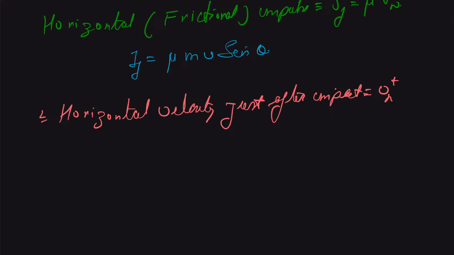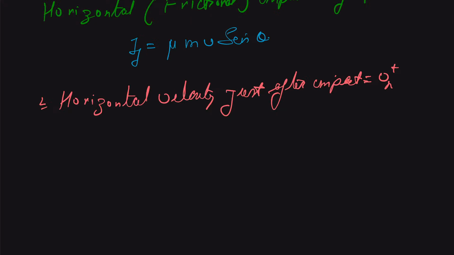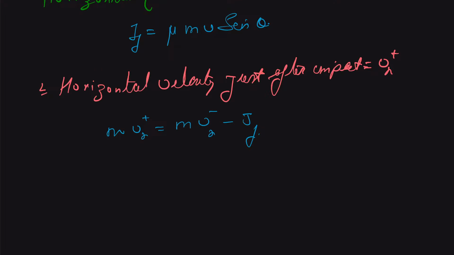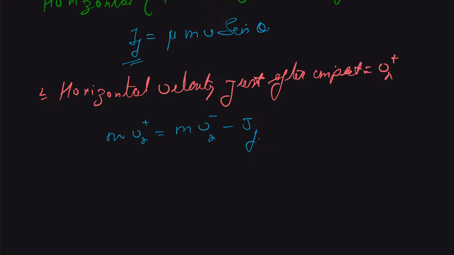For that we can use the relationship that mass into Vx positive will be equal to the momentum just before the impact minus the momentum that will be lost because of the impulse. So we can use the momentum equation, and we can easily substitute our J of f.